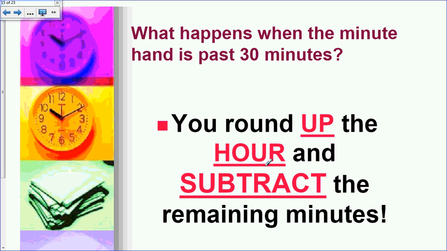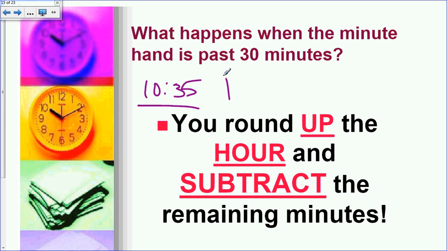Now, we've given some pretty easy ones. What happens now when the minute is past 30 minutes? So say, for example, it's 10:35. What we do is we round up to the next hour. So we're going to round up to 11 here. And then we subtract the amount of minutes from this time.